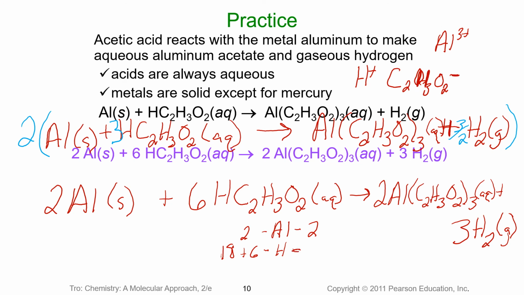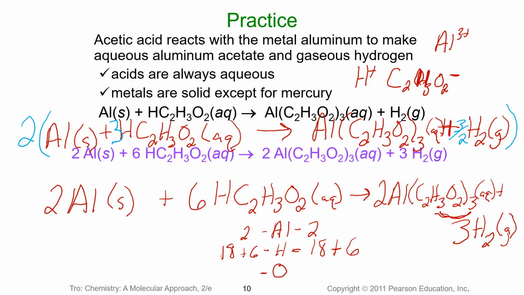If we look on the right-hand side, we have 3 acetates, so 3 times 3 is 9, times 2 is 18, plus 3 times 2 from our hydrogen, which is 6, so our hydrogen balances.